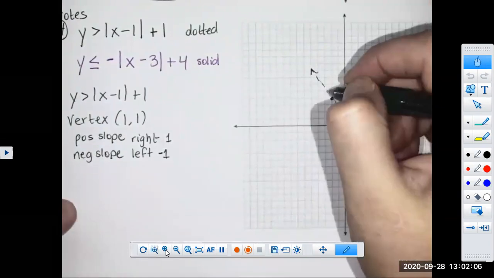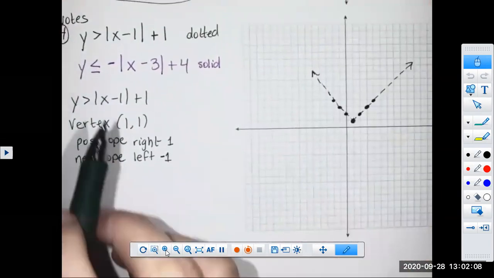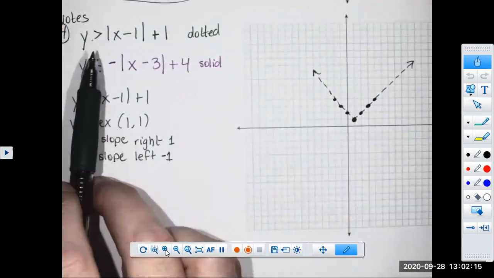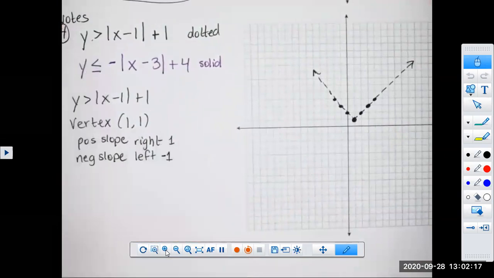Where would you shade? Y is solved for, so where would we shade? Greater is going to be above it. Good.